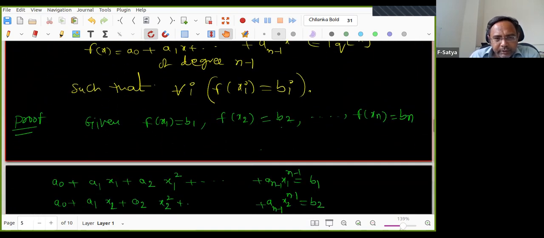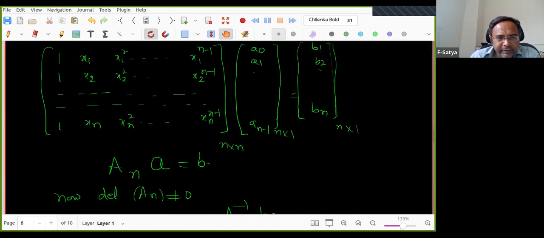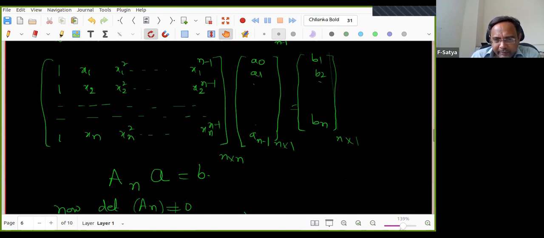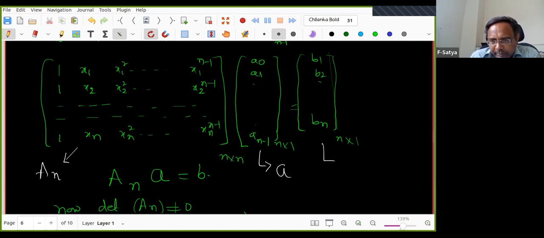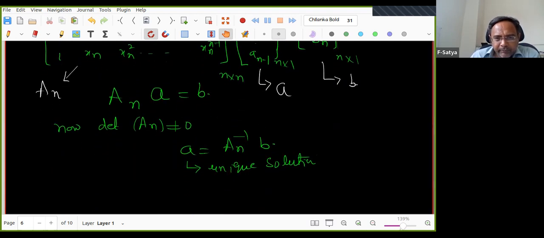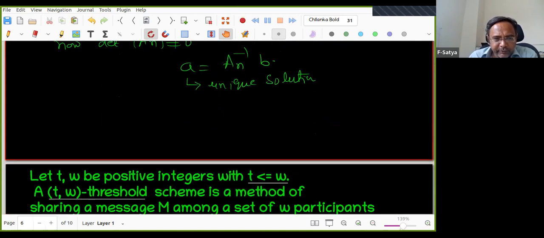So when these x's are distinct, this is An, so the determinant of An is not equal to 0. Now this is my a, this is An and this is b. So I'm going to get An a equal to b, so a equal to An inverse into b. So a unique solution exists.